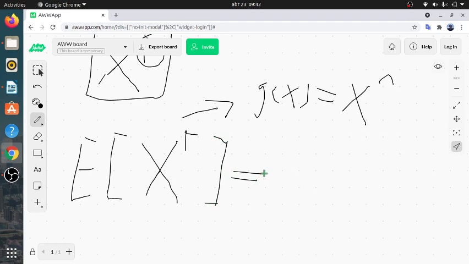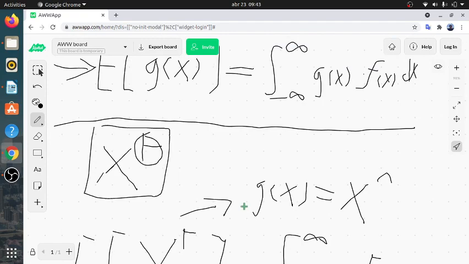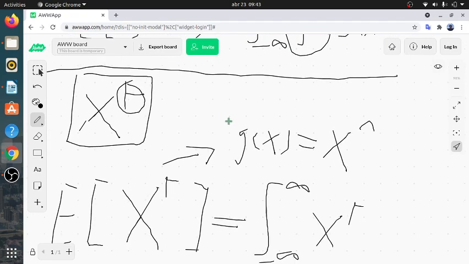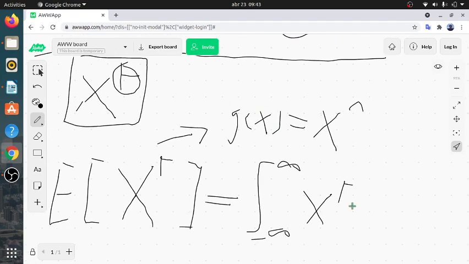The expected value of x to the power of r is equal to the integral from minus infinity to positive infinity of x^r, the composite function, times the original function, which was the exponential: lambda e to the power minus lambda x.